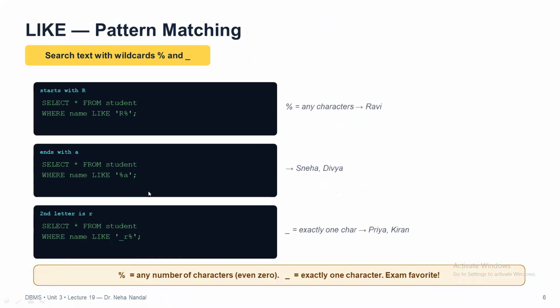Next one is LIKE. Here we are going to match the pattern. So LIKE 'r%' means any number of characters. It should start from r, that means the name starts with r, and after that you can have as many characters as are available, like where the name is ending with a, like Sneha, Divya.